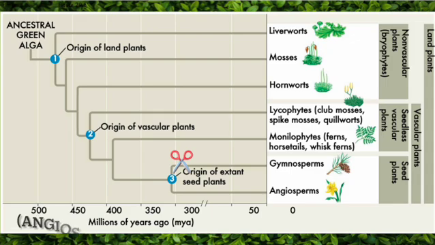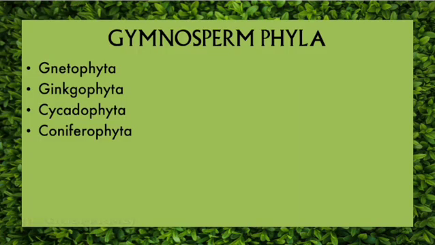There are 4 extant phyla of gymnosperms, and while their monophyly is generally accepted, the phylogeny of them is still contested. There is a soft polytomy in the tree for now. 3 of these phyla have few representatives left today, but the 4th one is both diverse and widespread.